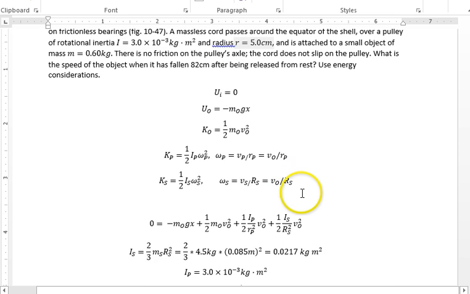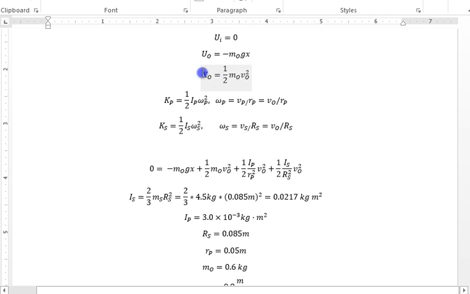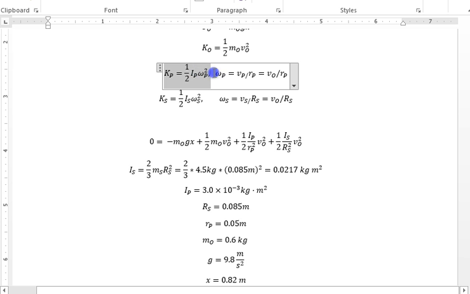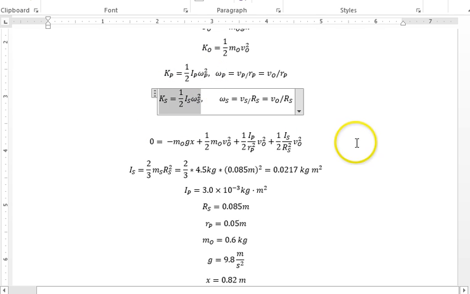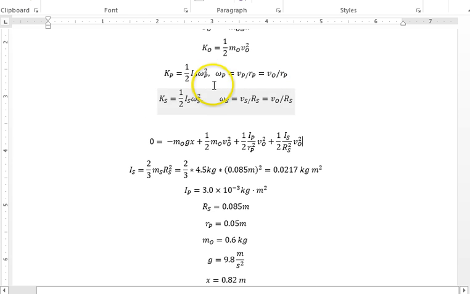Let's look over the logic real quick. Initial energy is 0. Potential energy of the object decreases as it goes down. Kinetic energy of the object is dependent on velocity. Kinetic energy of the pulley is 1/2 I_P omega_P squared. Kinetic energy of the sphere is 1/2 I_S omega_S squared. Put all that together, we have omega is v over R. So we stick that in for omega squared.